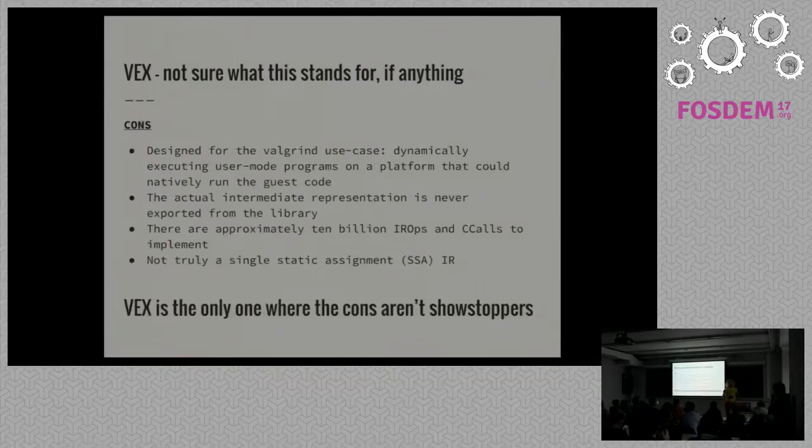There are some issues with VEX, though. It is designed for the Valgrind use case, so dynamically executing user mode programs is what it caters to. And then furthermore, there's no real way to get the IR out of Libvex.